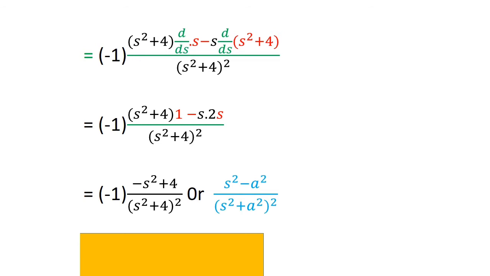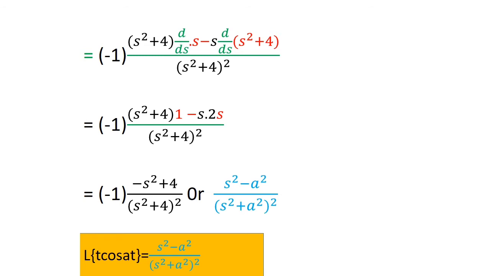We write this expression in a general form. Now we are able to say Laplace transformation of t cos at is s square minus a square upon s square plus a square whole square. If we take a different value of a, we get a different answer.